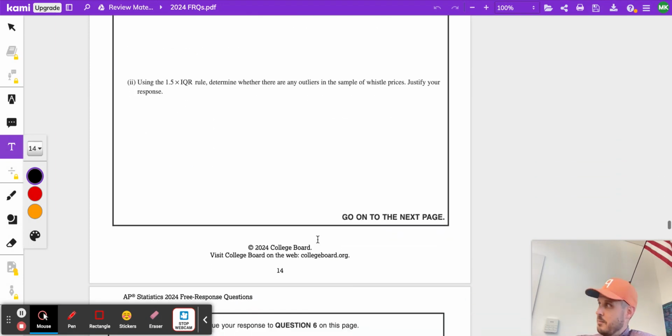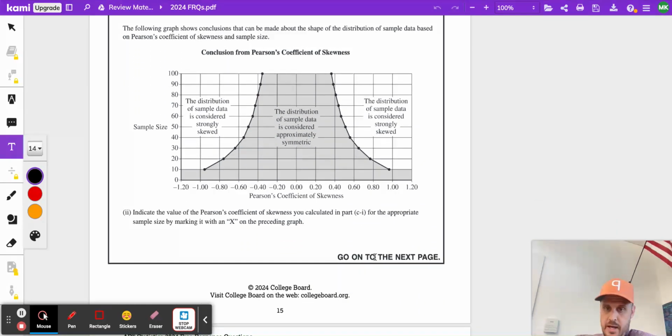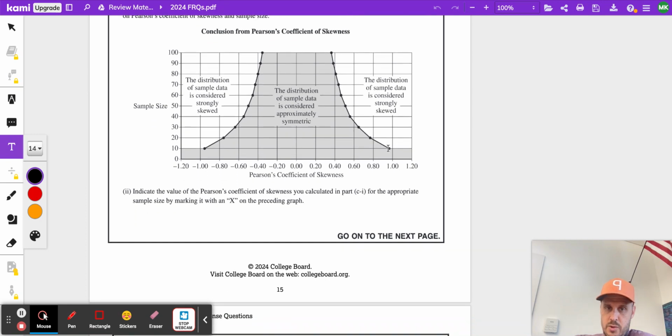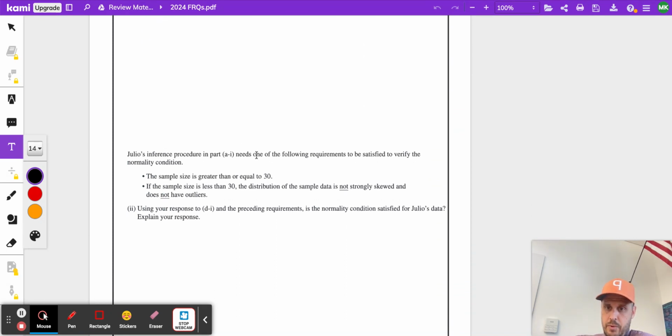We're getting 1 point something. And so we would say that it is strongly skewed to the right. Okay, so I'd mark it over here. You should conclude that it's strongly skewed right. Why? Because it's in that region off to the right.